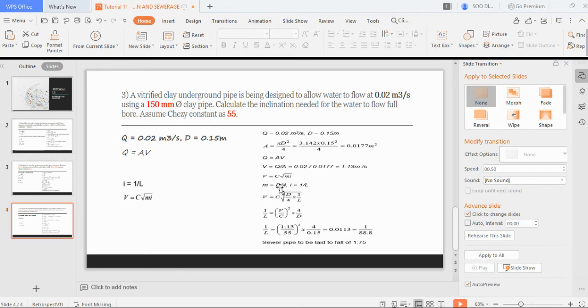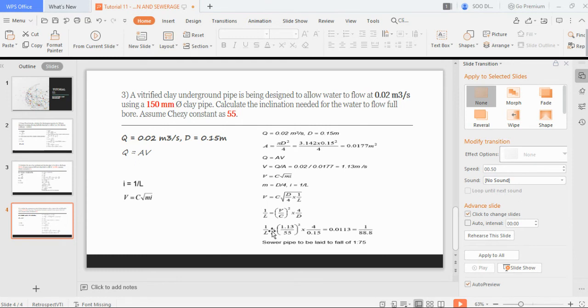You can just memorize it and write it out, where m is equal to d over 4. You also know that your I is equal to 1 over L. So you put all the information available to you and solve the equation given. You'll find that your sewer pipe needs to be laid at 1 to 75.